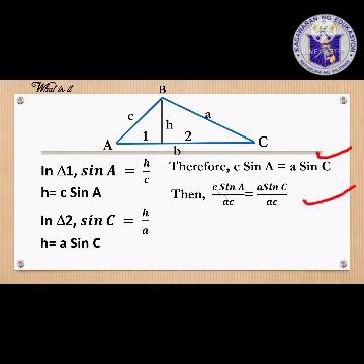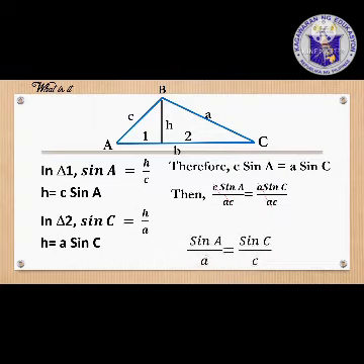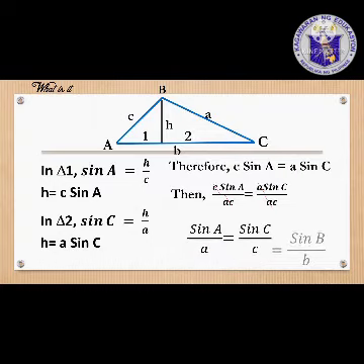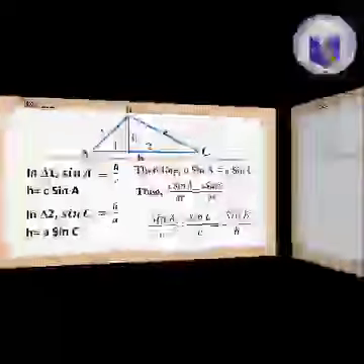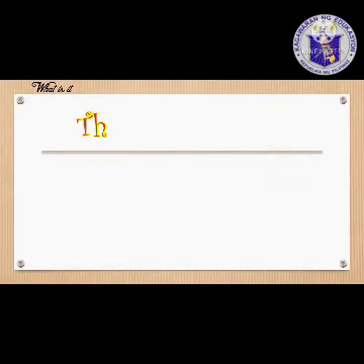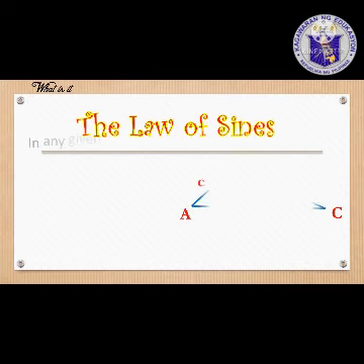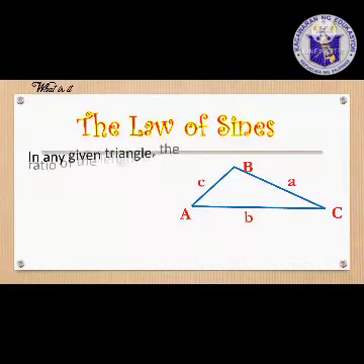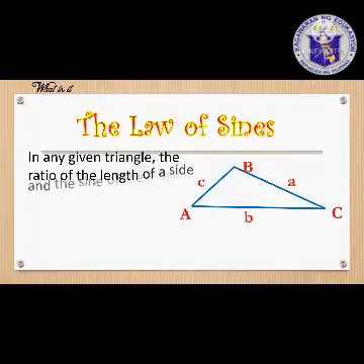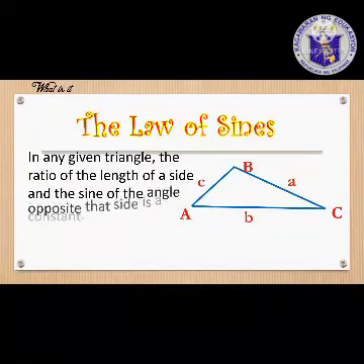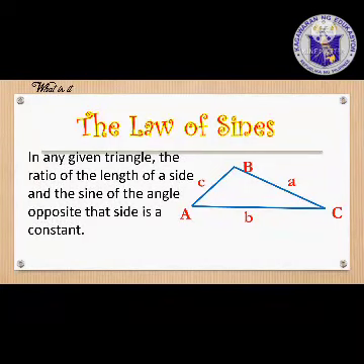Divide both sides by ac, then we have sine A over a equals sine C over c, and equals sine B over b. This is known as the law of sines. The law of sines states that in any given triangle, the ratio of the length of a side and the sine of the angle opposite that side is a constant.